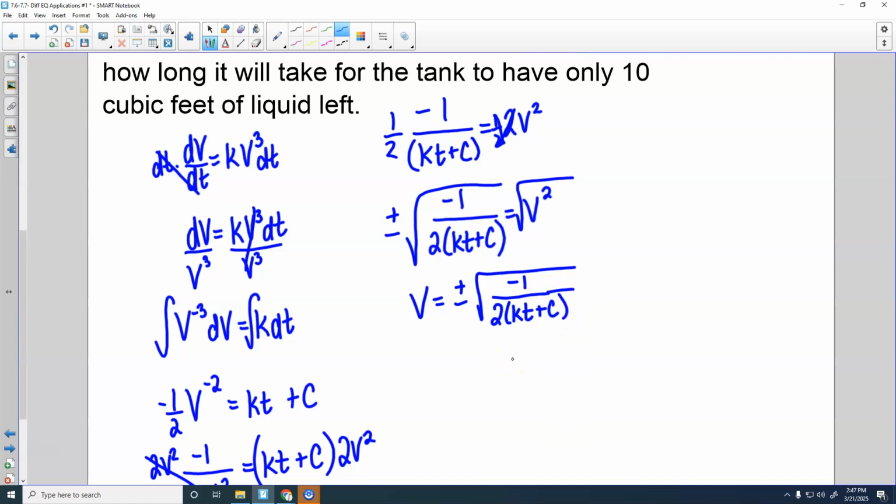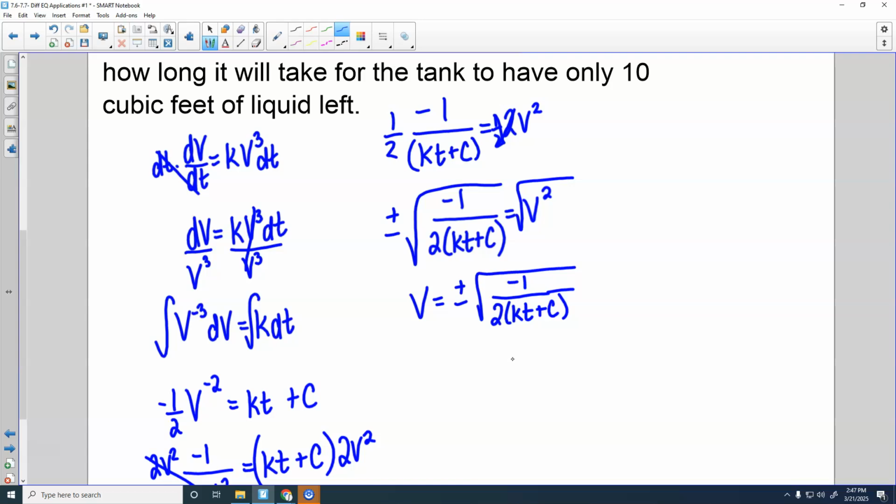Now, whenever you're solving a differential equation, when you get that plus or minus, you need to choose a plus or minus in this case. V, what does it stand for? It stands for volume. Is volume going to be negative? It is not, right?